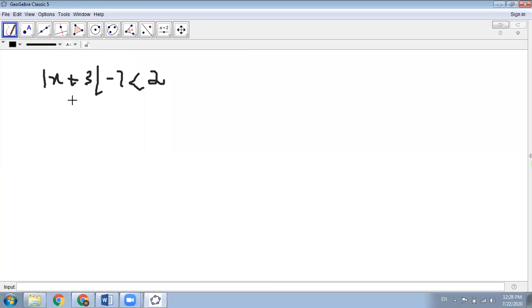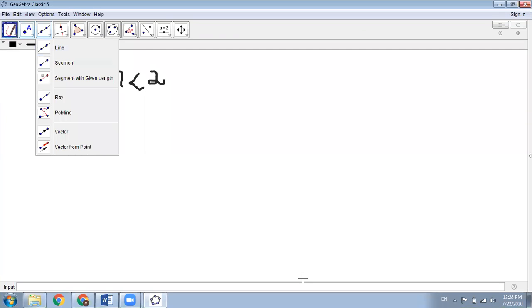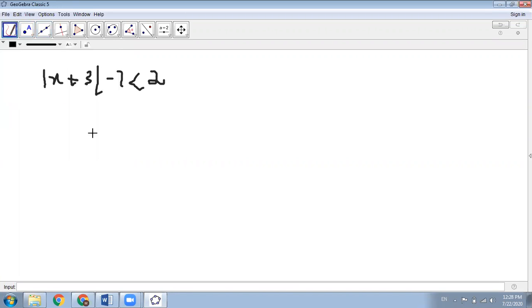Okay, in this example, absolute value of x plus 3, minus 7, less than 2. Now first of all, we have to move this minus 7 to this side. So we can write absolute value of x plus 3 less than 2 plus 7.